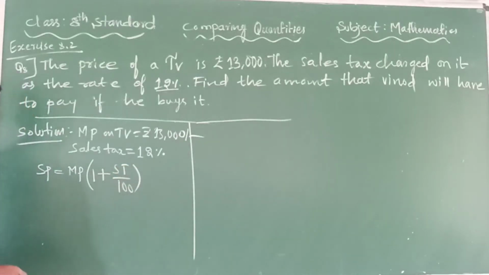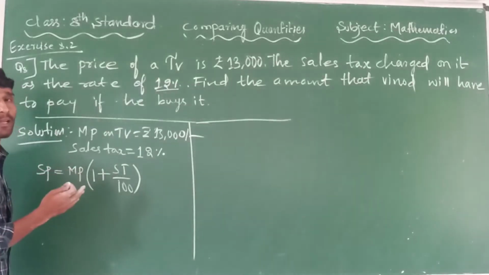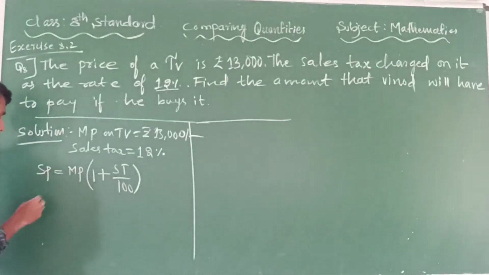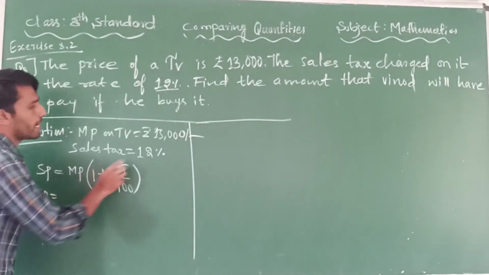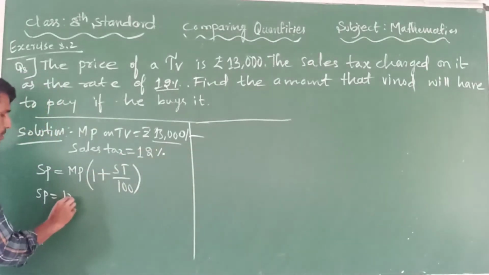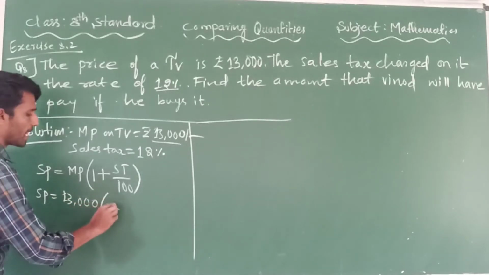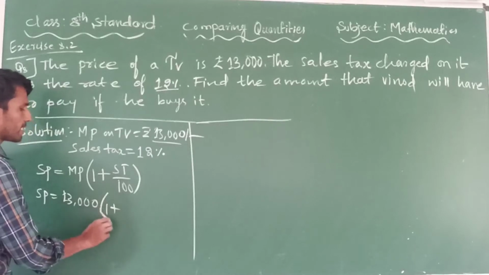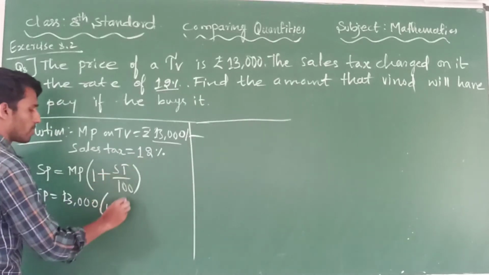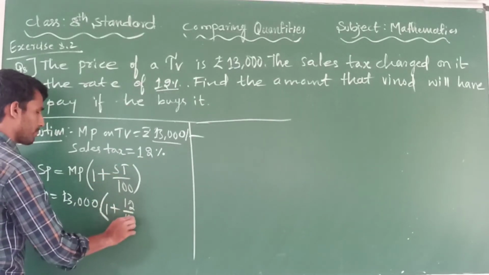By using this formula, we have to find out how much amount has to be paid to the shop. Now, selling price is equal to market price, that is 13,000, into 1 plus sales tax, that is 12 out of 100.